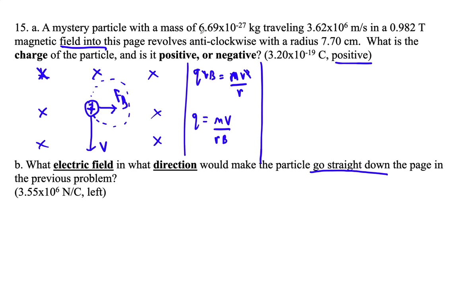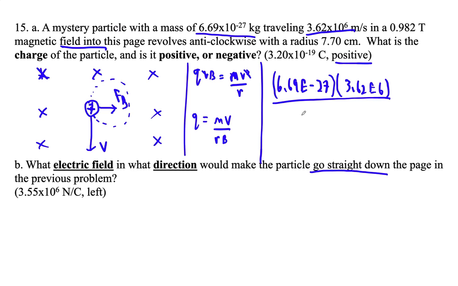So what's our mass? Somehow we know the mass, right? Okay, so let's see. It is going to be 6.69 E minus 27. Our velocity is 3.62 E6. r is 7.7 centimeters, so 0.077.